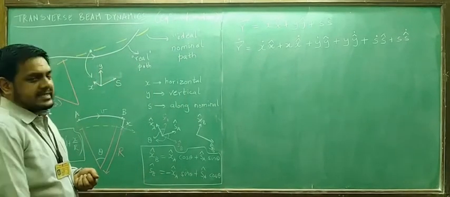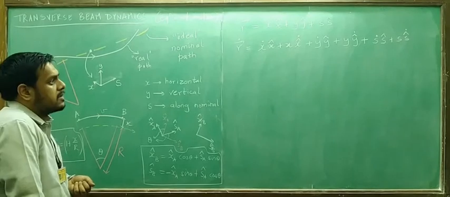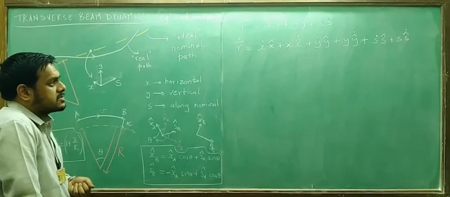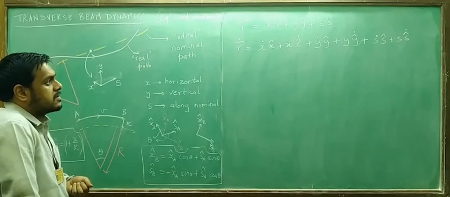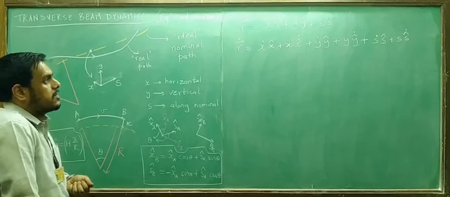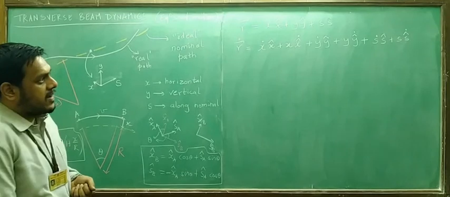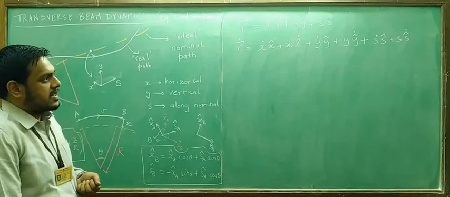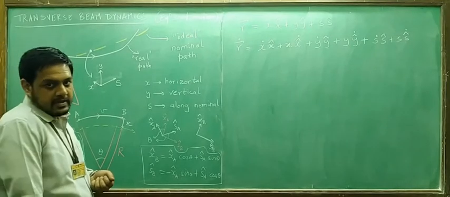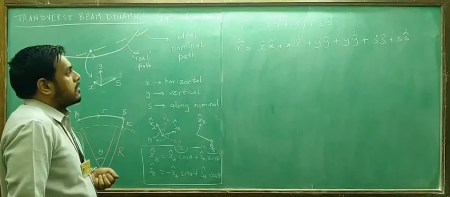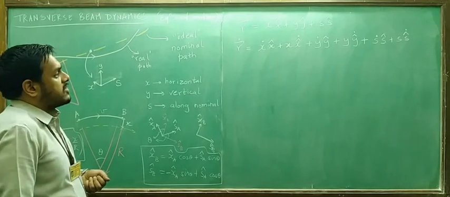So you get 6 terms. What are the 6 terms? x dot x hat, x hat dot, y hat, y hat dot, s hat, and s hat dot. 6 of them.